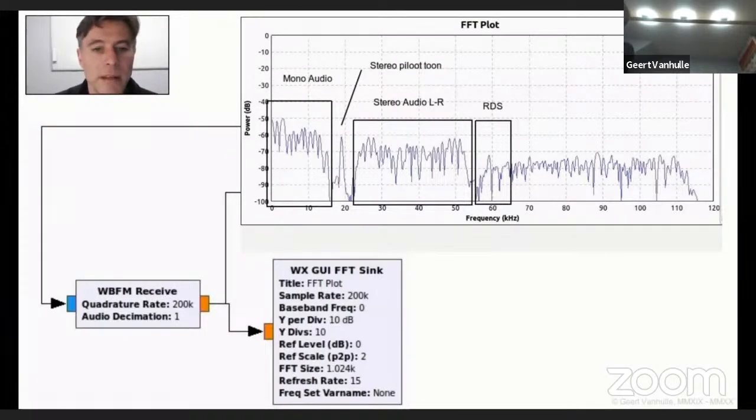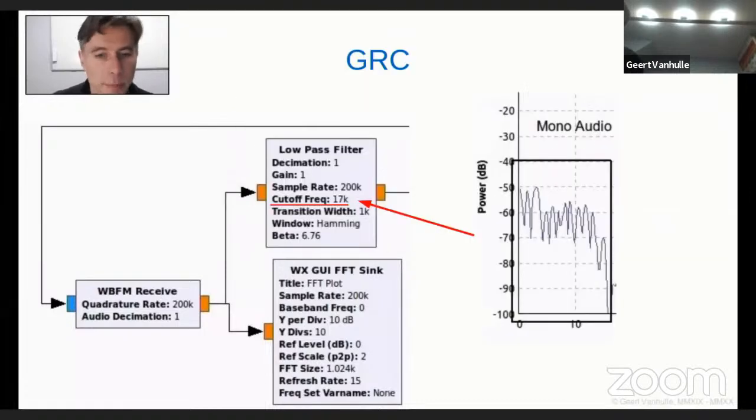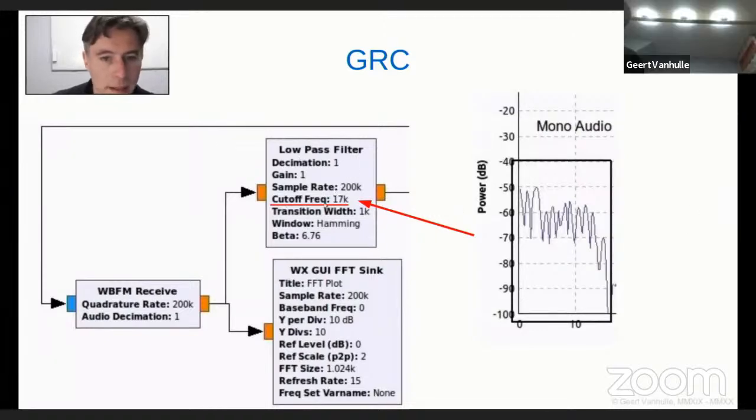What we will need here, because we are building just a simple mono receiver, is to filter out this pilot tone, all the DSB or SSB information, the digital RDS information, and so on. So the next part we will have is a low-pass filter. This low-pass filter, as we can see here, has a cutoff frequency of 17 kilohertz.